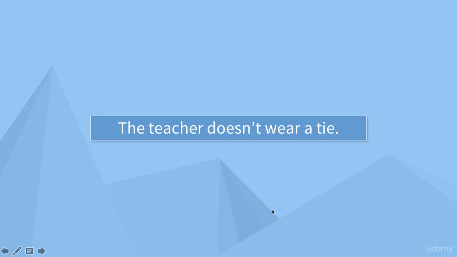Now let's look at some negative sentences. Now here is maybe another big change to look out for. So we start with subject, and does not, or doesn't, verb 1.